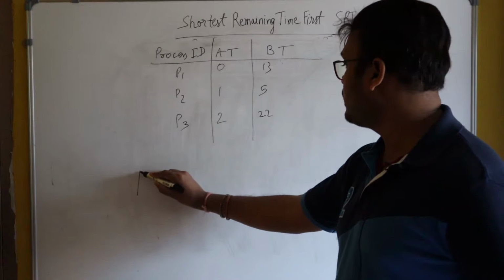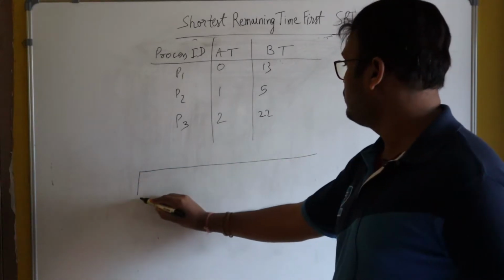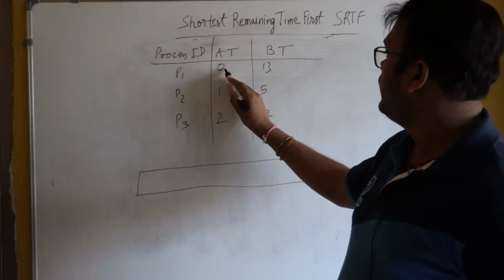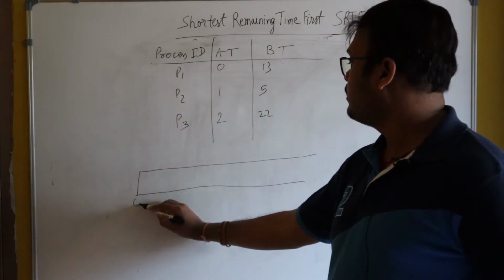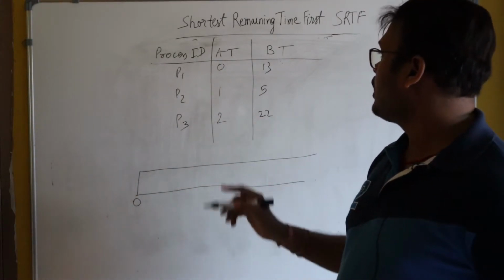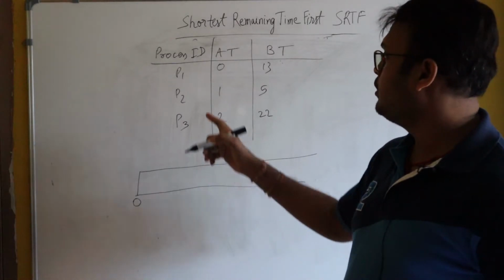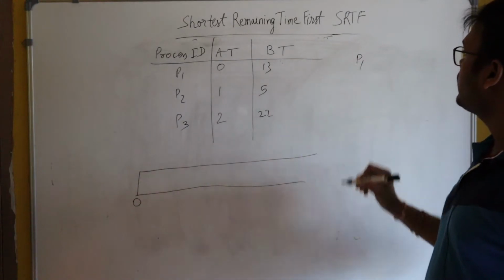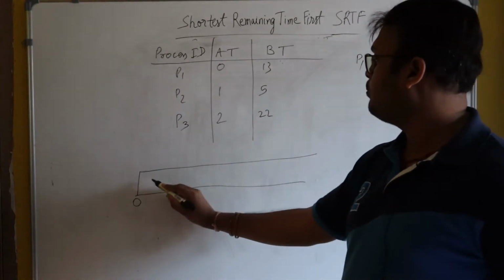First draw a Gantt chart. Now you see at t equal to 0, how many processes are available? Only P1, because P1 arrived at t equal to 0 seconds. So here we will write P1.